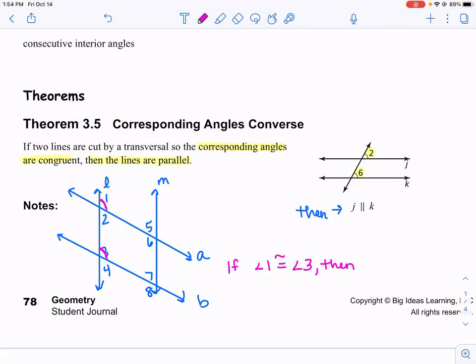Notice how L is a part of both angles. This angle and this angle are corresponding where L is the transversal. So since they're congruent, that means these two lines that aren't the transversal are parallel. If these are congruent, then these two are parallel.